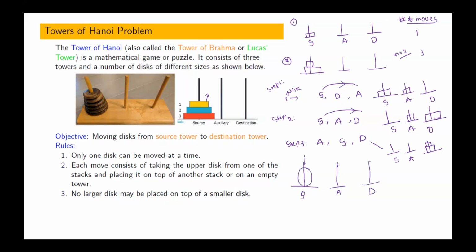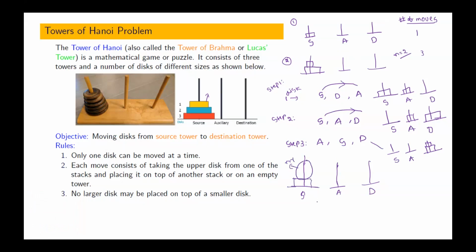We consider the top n minus 1 disks as one group, and the bottom one as the largest disk. Whatever steps we followed here to move 2 disks from source to destination, the same steps we follow.